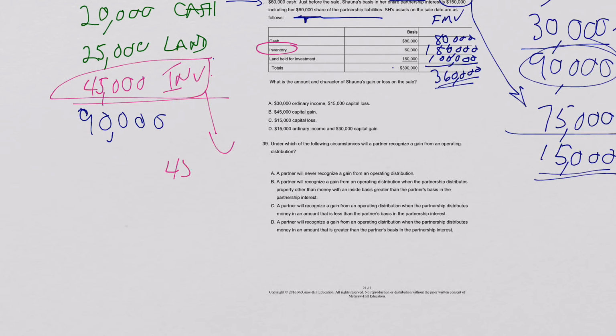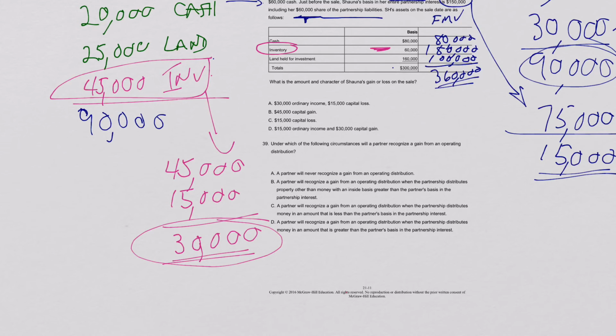So she sold 45. That's the value. Her basis in it is 15, it's 25% of the 60. That's the inside basis, but that's her basis because she goes to the inside basis. So she's got $30,000 of ordinary income she must recognize. So in her overall scope of things, she must recognize $30,000 of ordinary income.